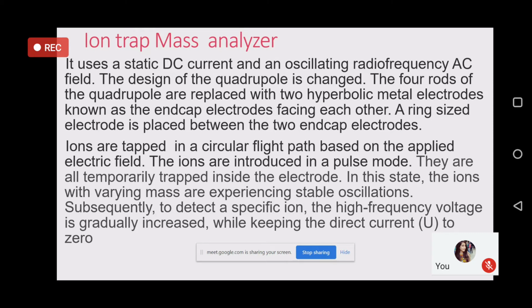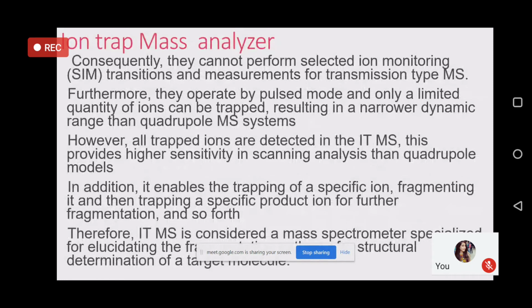And this is done by increasing the high frequency voltage so that as the voltage increases, the velocity of the ion will increase. Under that condition, with a set voltage applied, only ions with one particular m by z value will be able to reach the collector electrode.